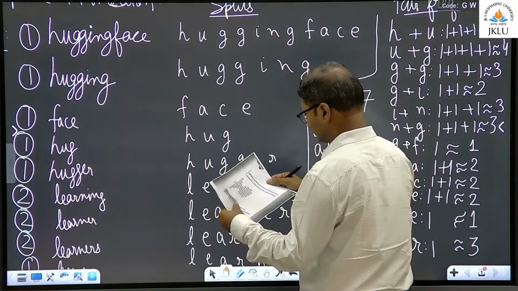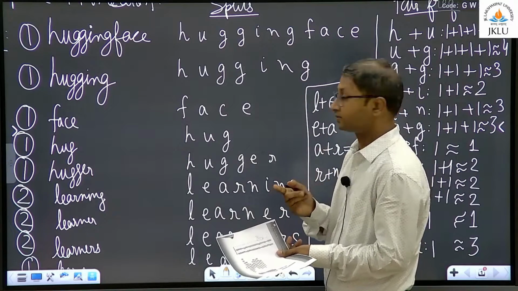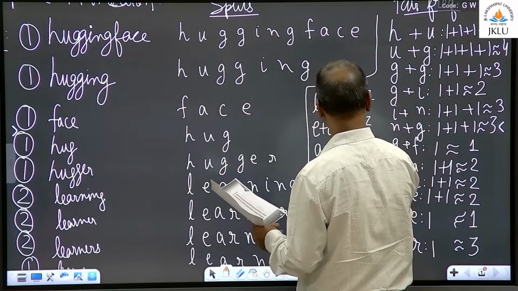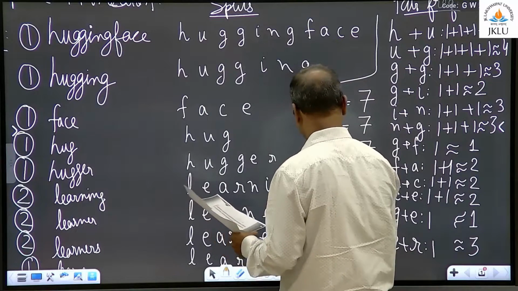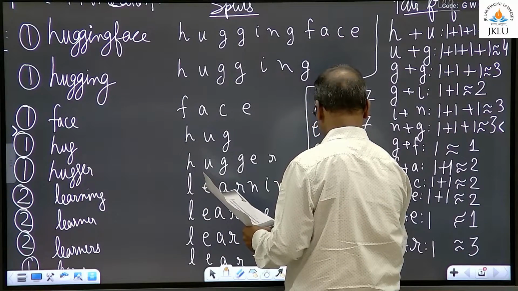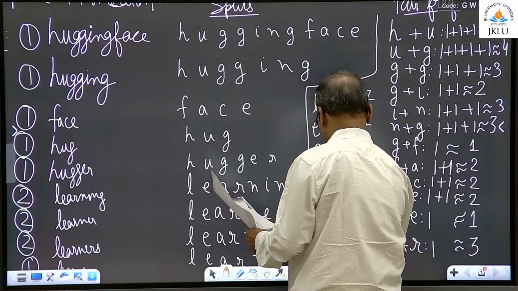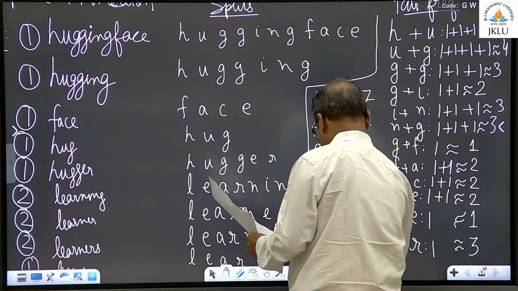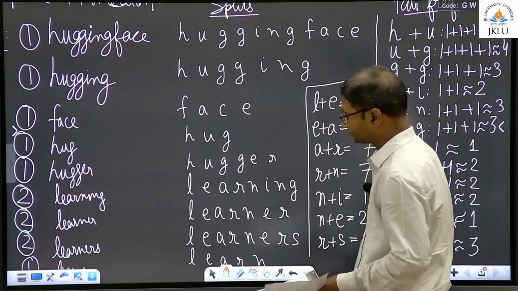EA, EA, EA, 7. What about the next, AR? 7, right? Now what is remaining is N plus I is 1, N plus E is 2, and R plus S is once.